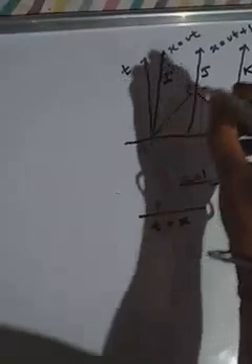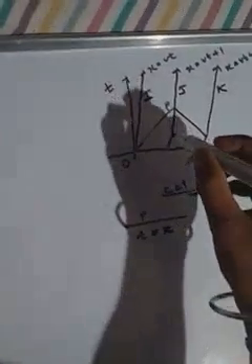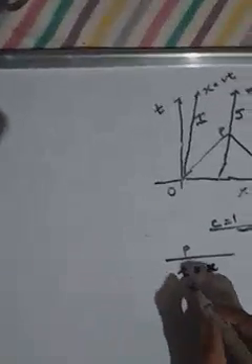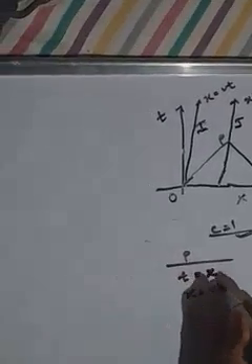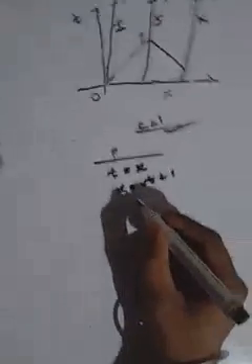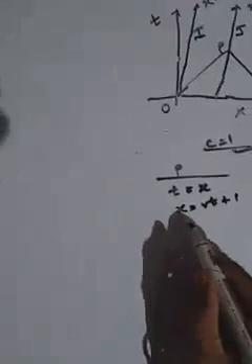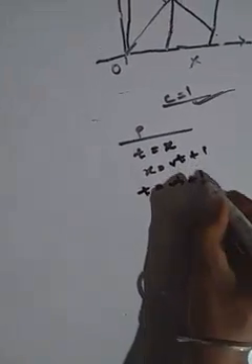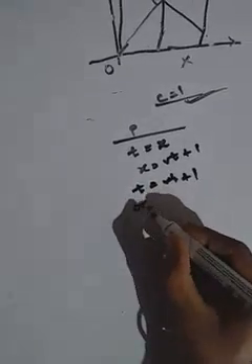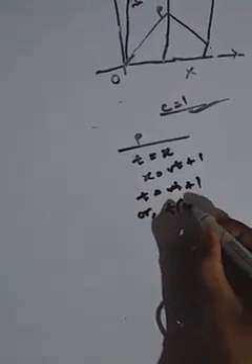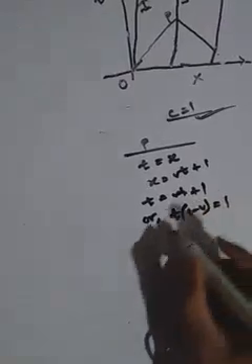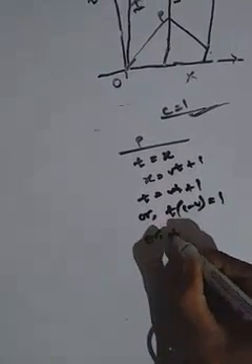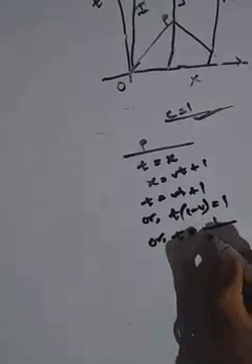Here t equals x, and here x equals vt plus 1. Just substitute the value of x, then t equals vt plus 1, and then t times (1 minus v) equals 1, or t equals 1 by 1 minus v. Am I right? Okay.